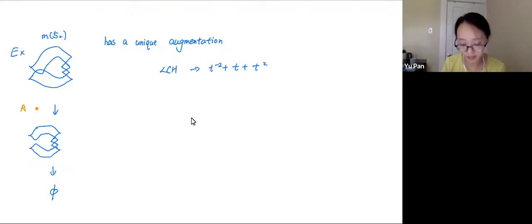It's actually what shows up here. So this Lagrangian does not have an embedded filling, otherwise the LCH should look in T plus 2G form. So we will work on this example and show you that this knot does have an immersed filling, and that immersed filling is the one that induces the augmentation.